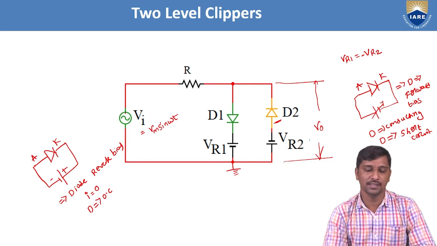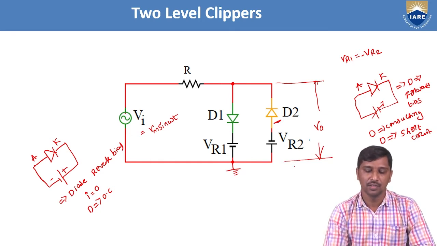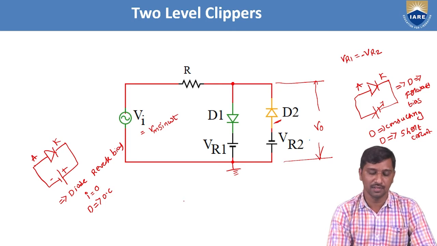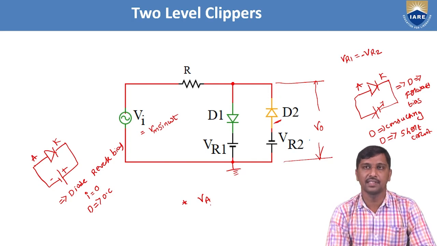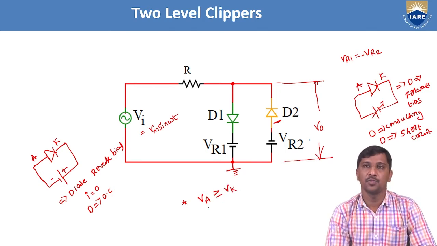Based on these two analyses, we need to identify when the diode is conducting and when it is not conducting. From this analysis, how much anode voltage is required to make the diode conduct? You should remember this point: the anode voltage, represented as VA, must be greater than or equal to the cathode voltage.